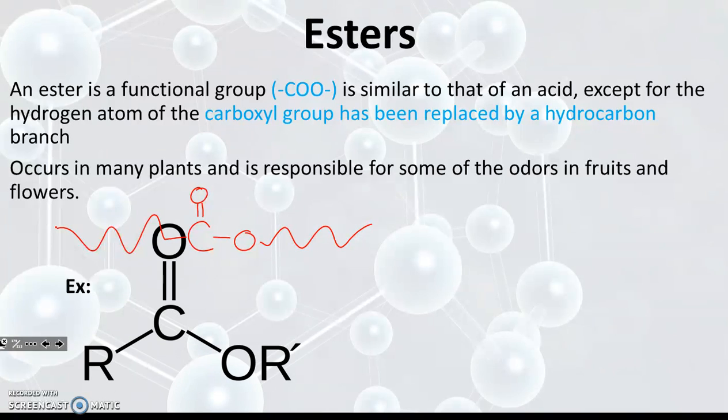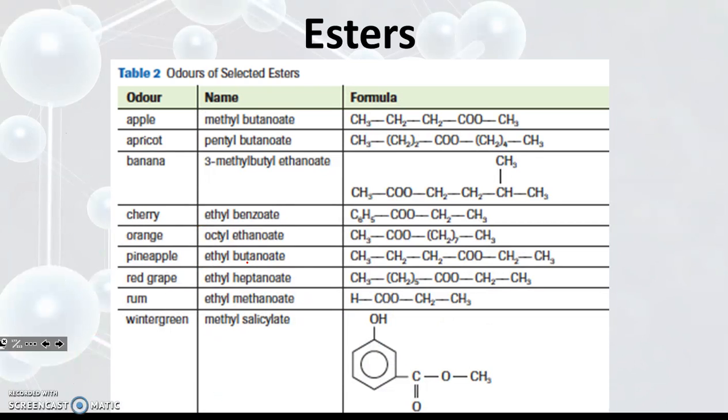So we have this general formula for an ester, where I say R and R prime, where those are side chains. An ester is a little bit different than the other groups that we've looked at. We see this occurring in the middle of our molecule, and we're going to look at how to name that in a second. But first, I just want to look at a list of different esters.